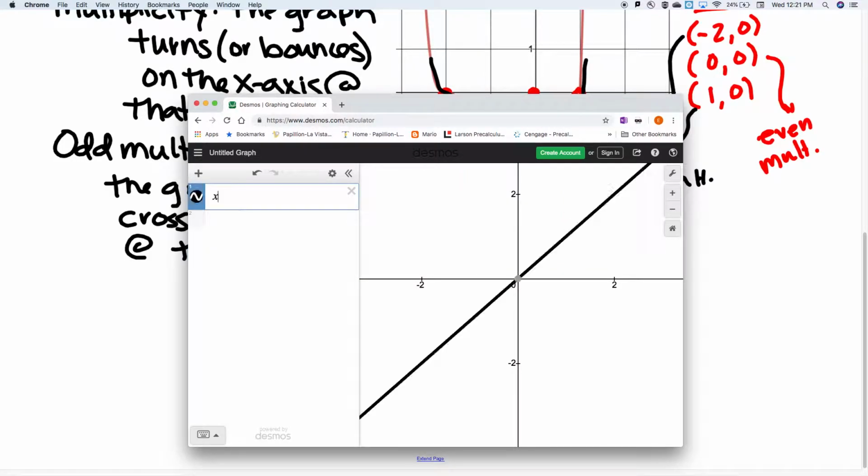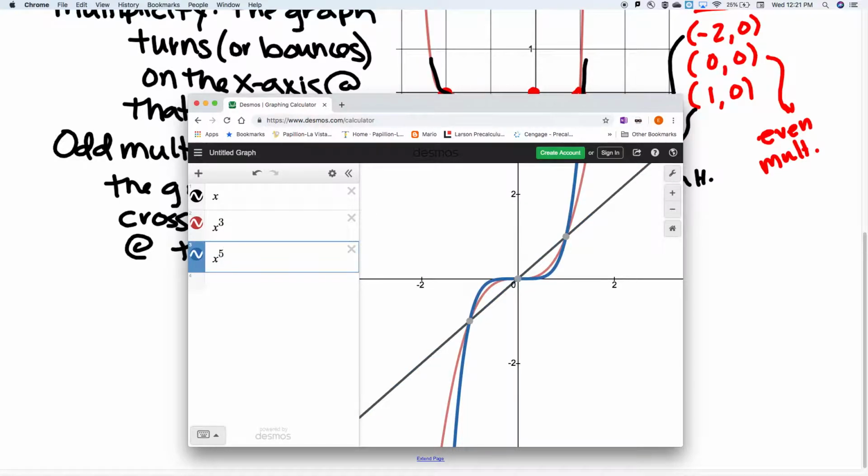So here's x to the first, which is a line, right? Crosses the axis. Here's x cubed. You see that bend? And then if I do x to the 5th, it gets flatter in the middle. If we did x to the 11th, it looks really, really flat.